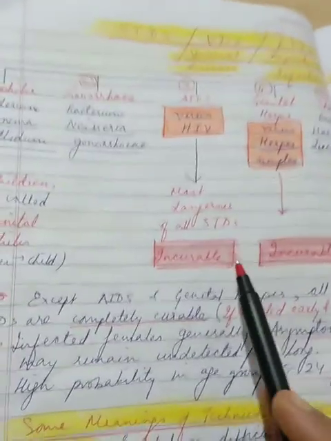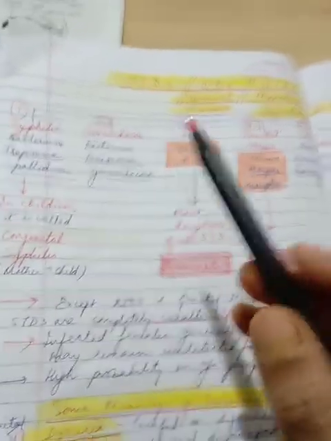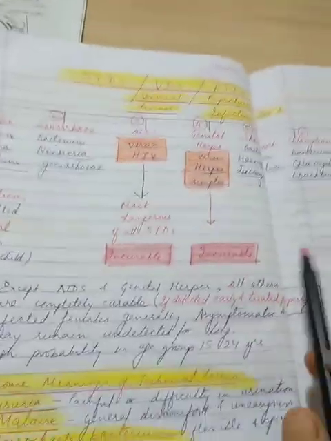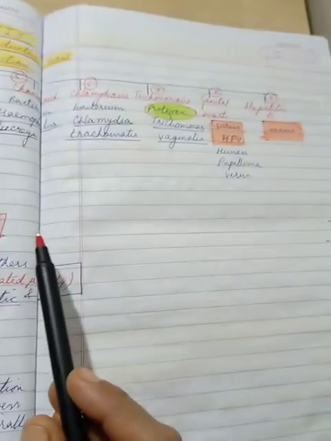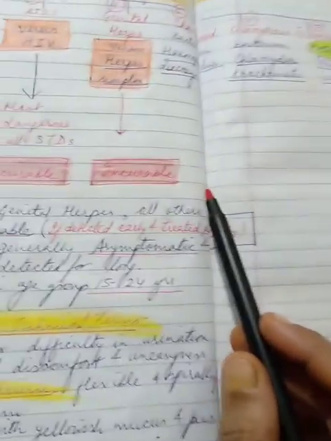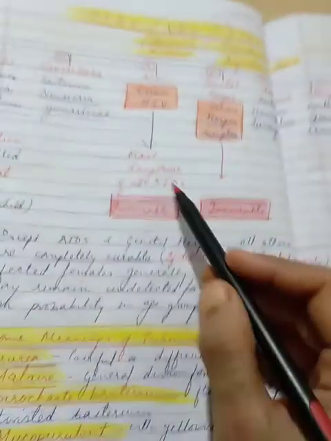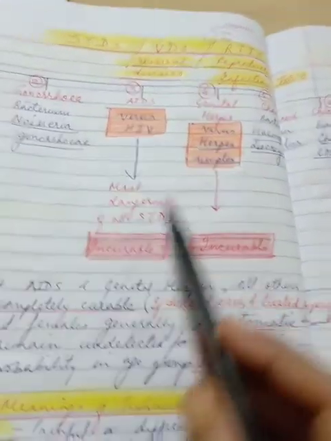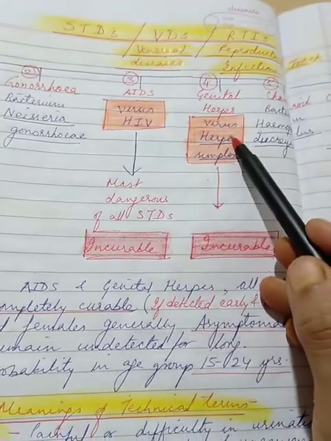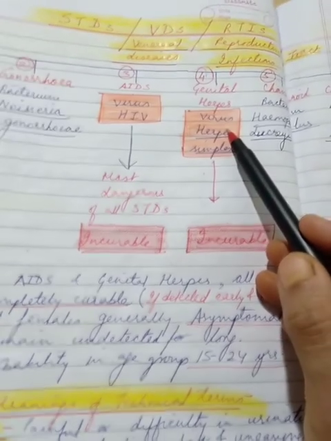Now what we have done is, through this table, children, before we begin with all one after the other, let us see which of these 9 sexually transmitted diseases is the most deadly. I have colored it with red color, the sign of danger. This is AIDS and genital herpes. Why is it deadly?